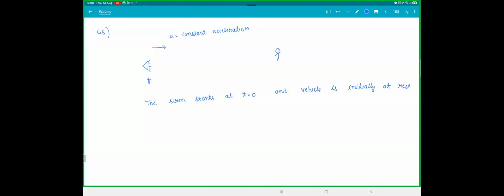An observer is standing here, and the observer is also at rest. Now, find the frequency of the first sound the observer hears. Now, we can't find it as a function of time t, it gets messed up. But the first sound that this guy will hear, what is the frequency of that sound? Find the frequency of the first sound the observer hears.